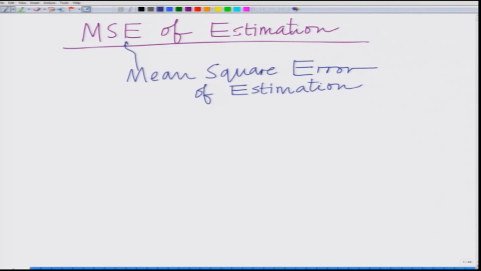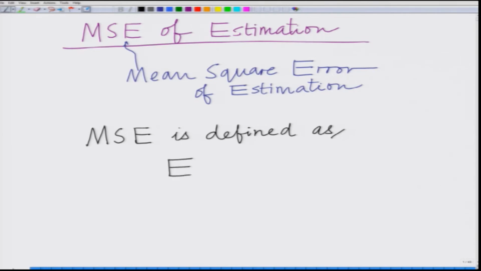For the parameter h, we know that the MSE, the mean squared error, is defined as the expected value of h hat minus h whole square, correct.